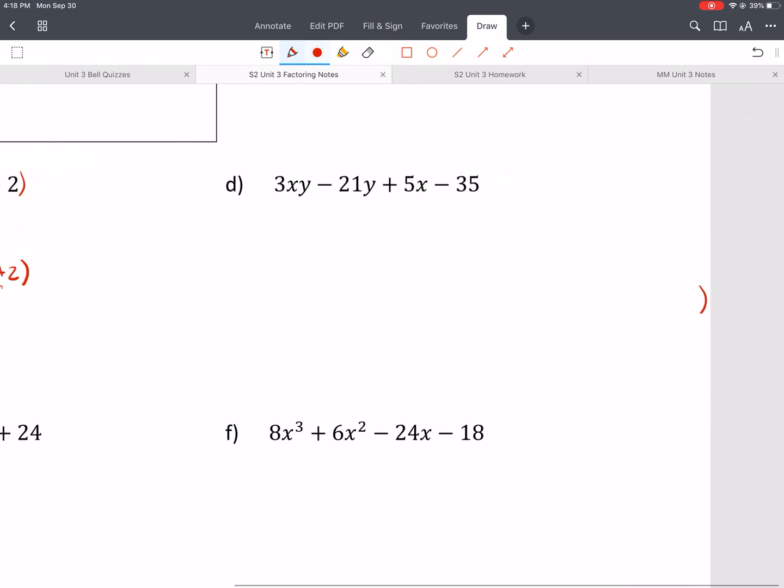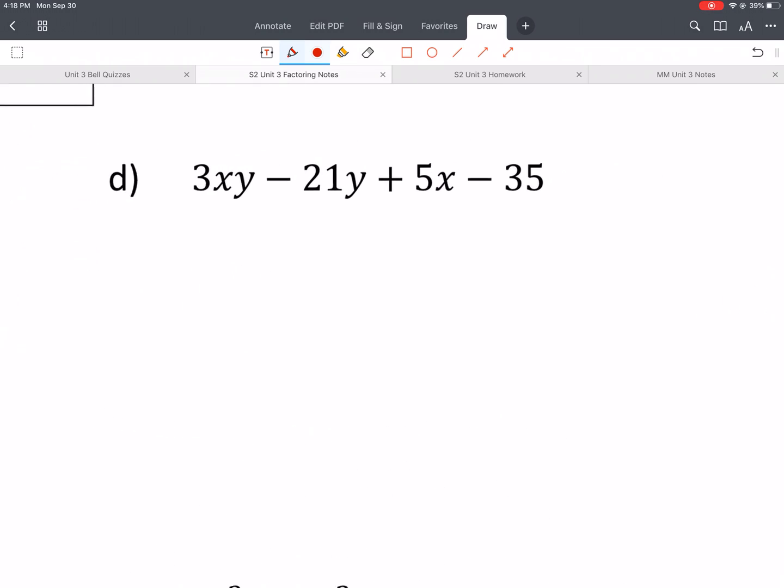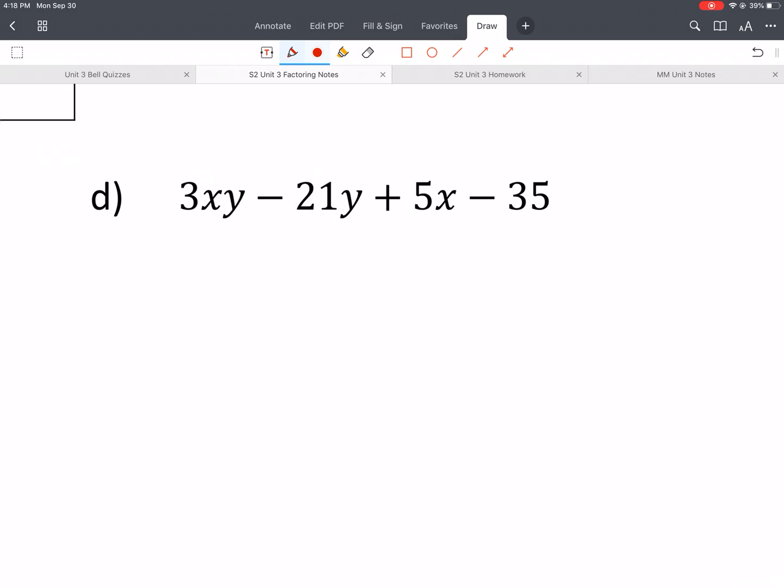Okay, D. All right, so here we have x's and y's, but still we'll cut it in half. For numbers, we can take out a 3. And for the variables, we can't take out any x's, but we could take out a y. So let's take out a y. We'd get 3y times x, because the 3 and the y would cancel out.